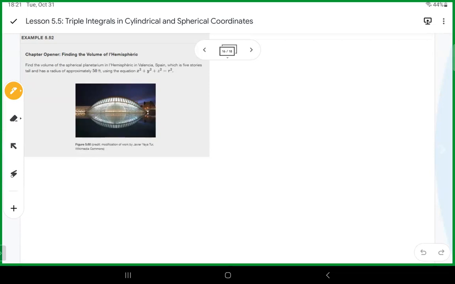What you will need to know is that we calculate the volume of a ball in the first octant, where x greater than or equal to 0, y greater than or equal to 0, and z greater than or equal to 0, using spherical coordinates. Then multiply the result by 8 for symmetry.